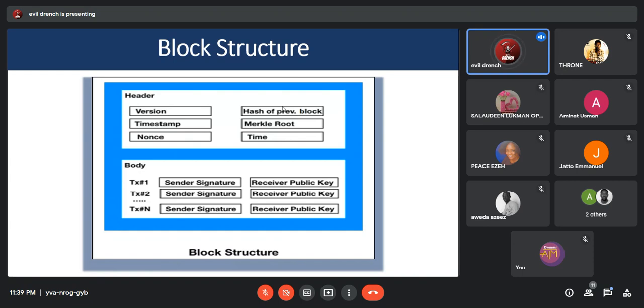I'm sorry, I didn't say this earlier. When a block is being created, it is not stored as raw data, it is stored as a hash. That is how blocks are created, and this hash is what is sent to other blocks. All the information in your blockchain or in your transaction is converted to a SHA-256 hash, even though Ethereum does not use SHA-256.